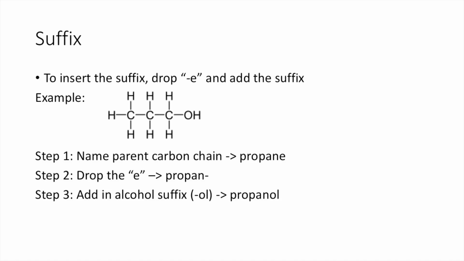Step 2, we'll drop the E, and hence propane becomes propan. Step 3, we add in the alcohol suffix, since we notice that there is an OH group attached to this compound, and hence the final name of this molecule will be called propanol.